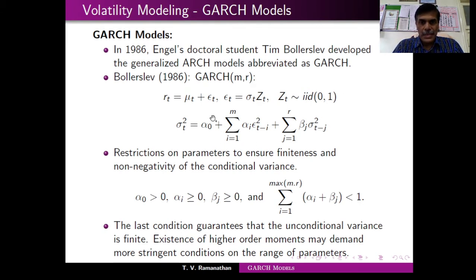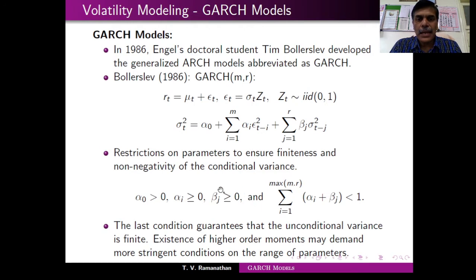And as I mentioned, it is defined like this. Of course, there will be restrictions on the parameters for the finiteness and non-negativity of conditional variance. The parameters are restricted: alpha naught is strictly greater than 0, and alpha_i is greater than or equal to 0, beta_j is also greater than or equal to 0.